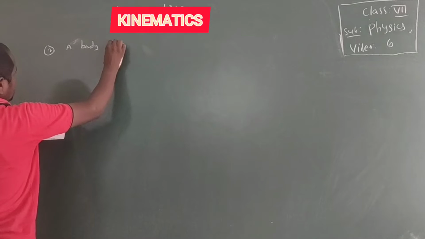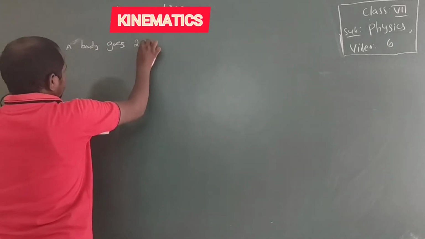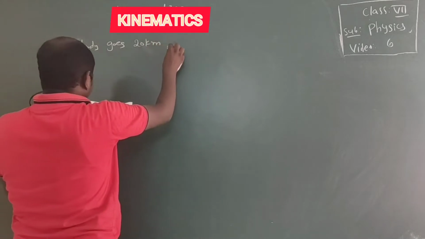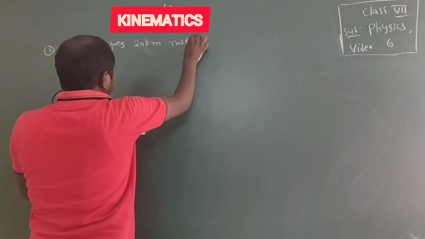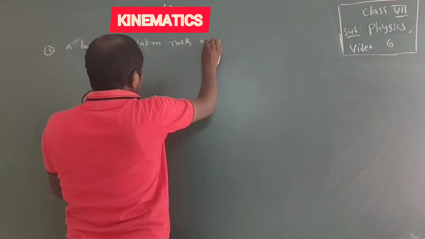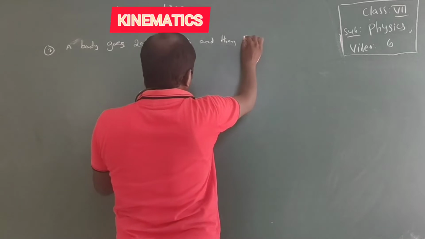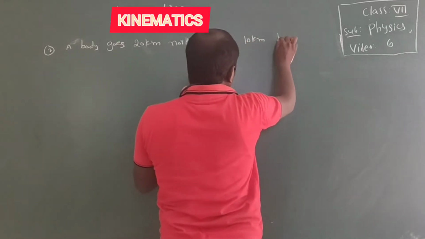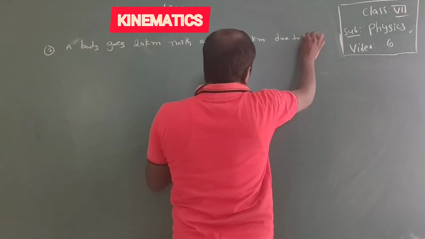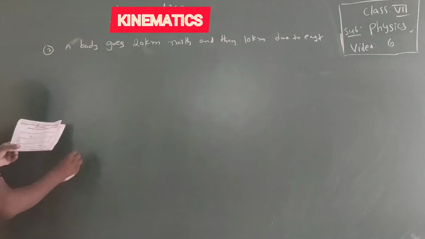A body goes 20 kilometers north and then 10 kilometers due east. The displacement of the body from its starting point.